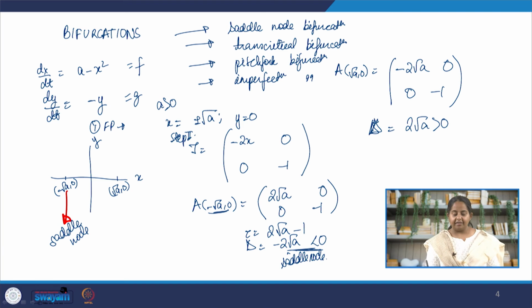So we know that we are in the first or the fourth quadrant, so we are either in a stable or unstable situation, we are not dealing with a saddle. Now the value of the trace will determine whether we have a stable node or stable spiral, or an unstable node or unstable spiral. So the trace here is minus 2 root a minus 1, which clearly is less than 0. So we are dealing with a negative trace.